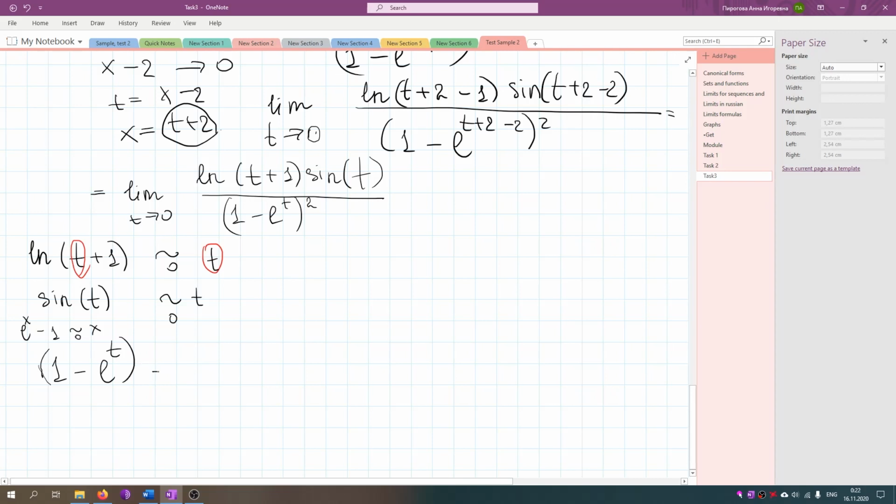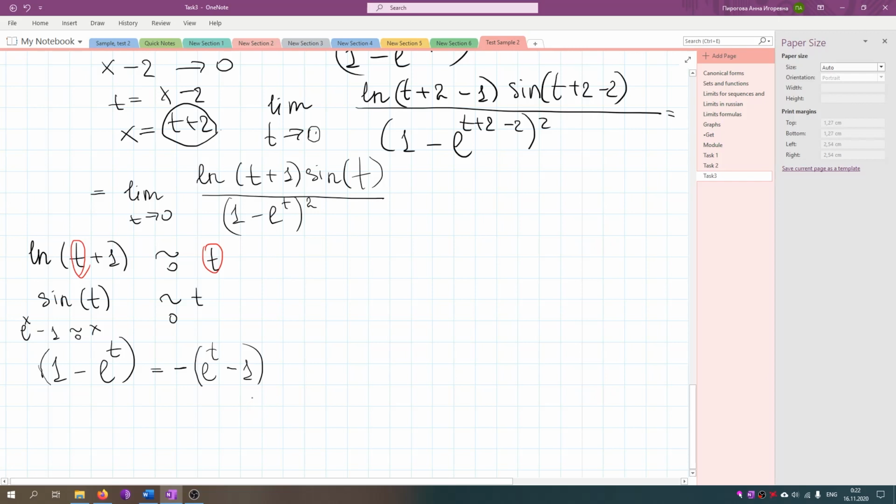So firstly, we need to have a positive sign before e. So let's take the minus out of brackets and change the order of our arguments.